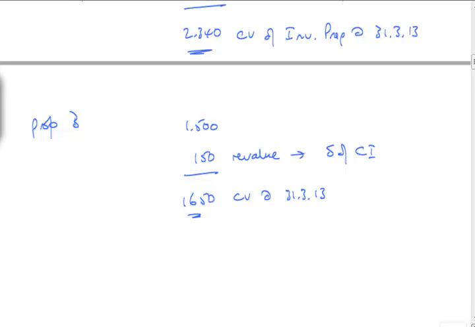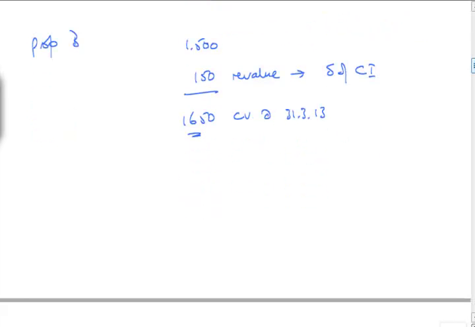In case of property B only, state how it will be classified in Speculate's consolidated statement. Well, it's not investment property. So, property, plant and equipment.